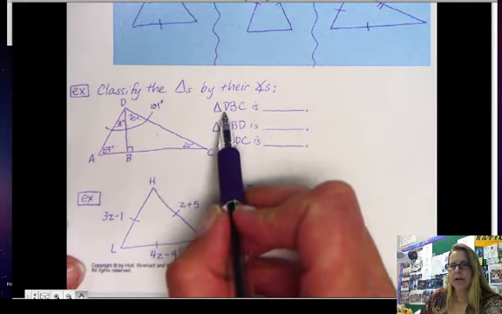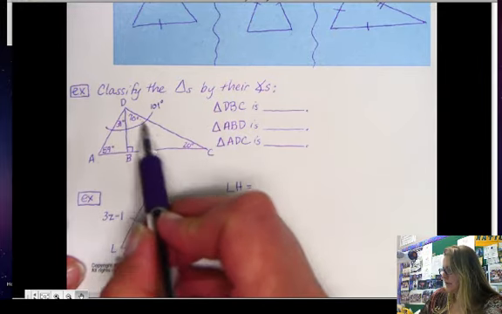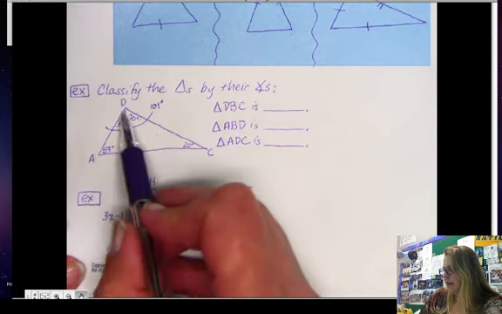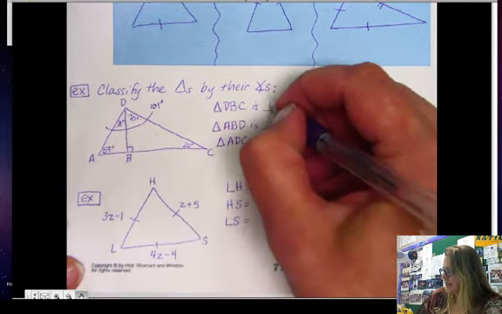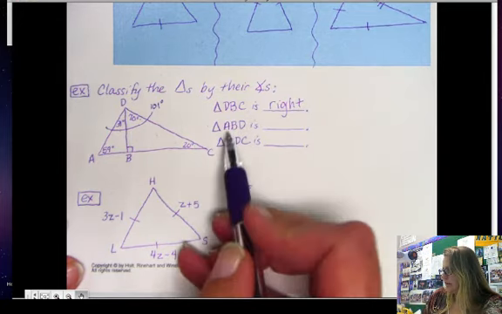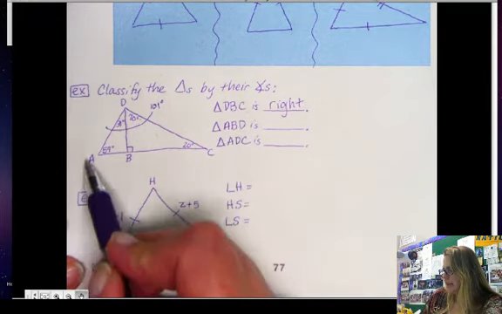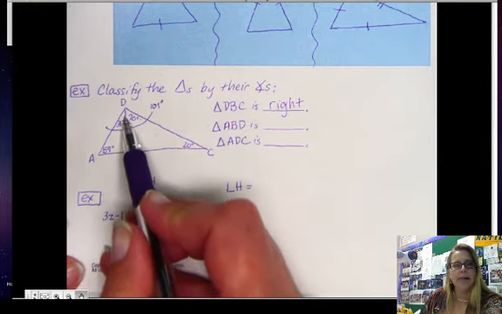So triangle DBC is this one on the right hand side. And you can see that it has 1 right angle, so we'll say that that is a right triangle. Triangle ABD is here, and that also has 1 right angle.